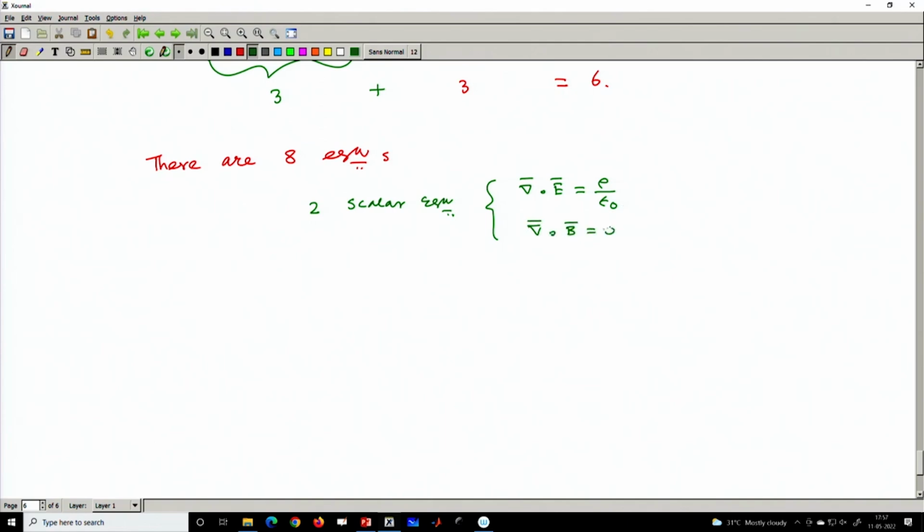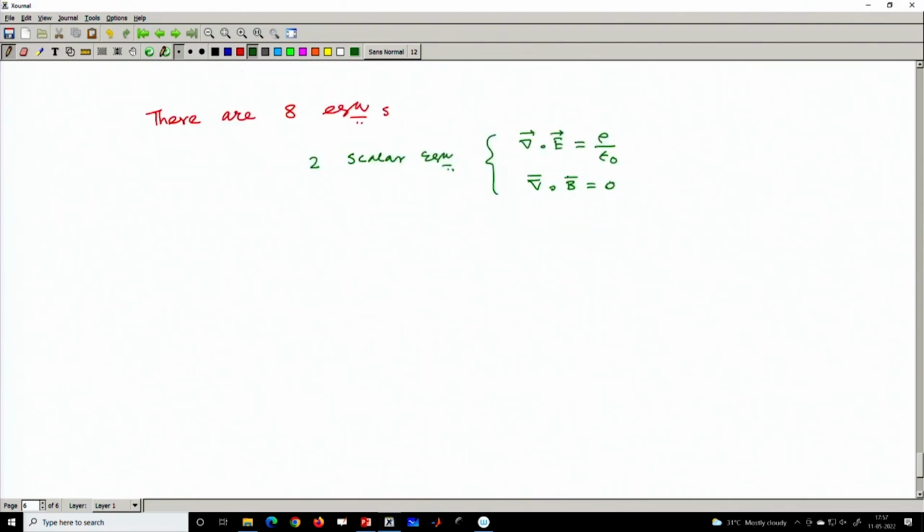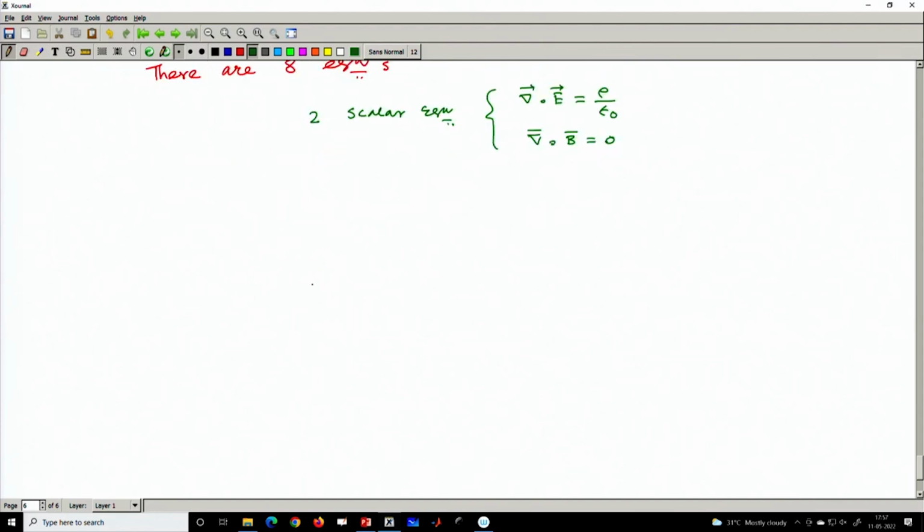If I expand this, it should lead to only one equation. If I expand this, it should lead to only one equation. So, only 2 equations are there, and there are 2 vector equations which lead to 6 equations.